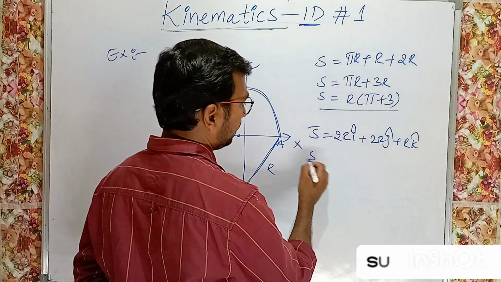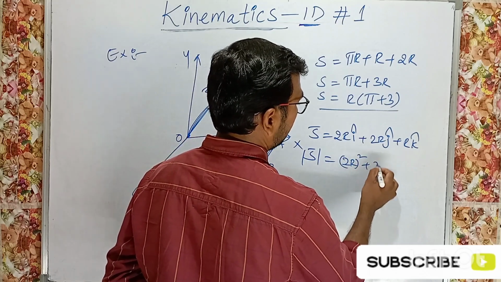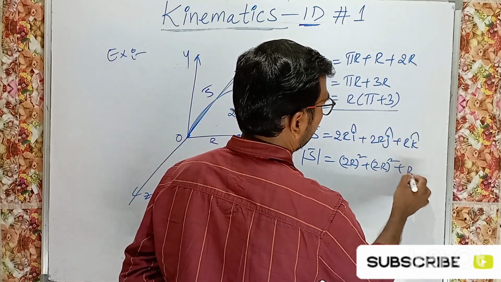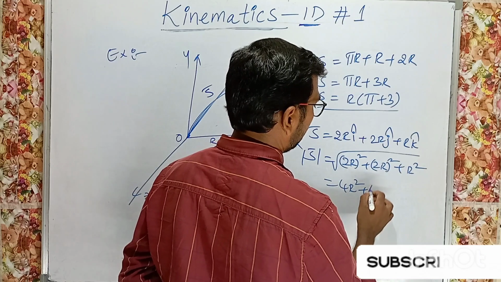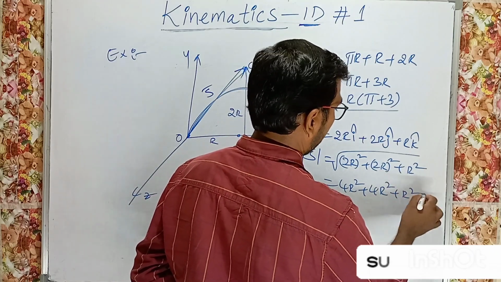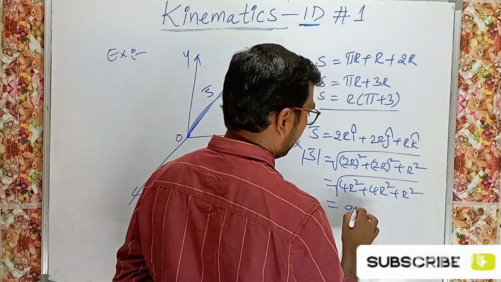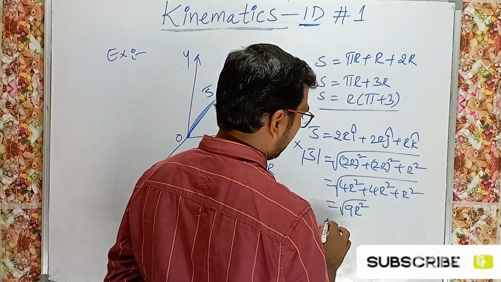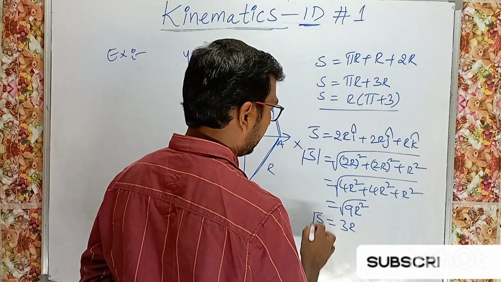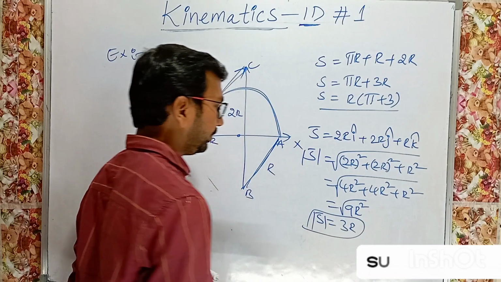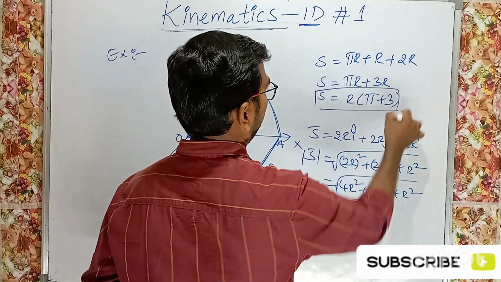So you can find the magnitude of displacement: square root of 2r squared plus 2r squared plus r squared, which is 4r squared plus 4r squared plus r squared, that is 9r squared. Root of 9r squared is 3r. So the magnitude of displacement is 3r and the distance is (pi plus 3) r.